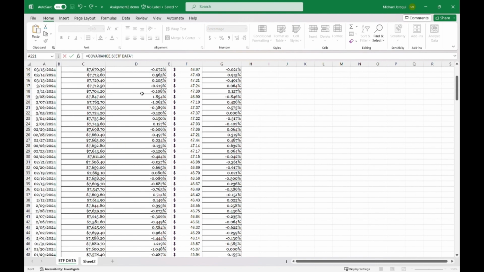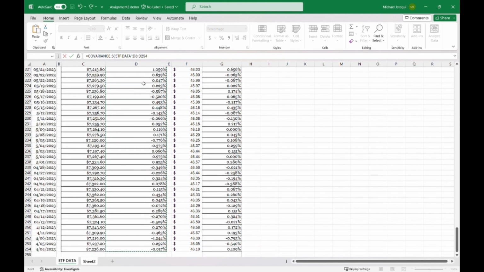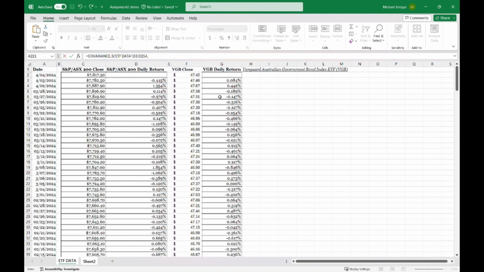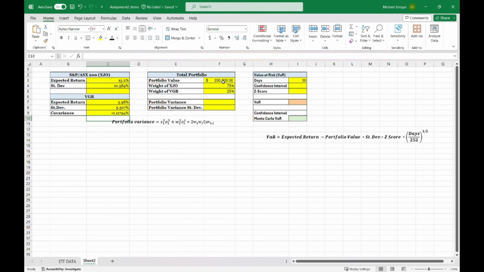So I'll go back to the other data sheet, and then I'll highlight both columns, D and G, and the 252 trading days. That is 0.117.94%.